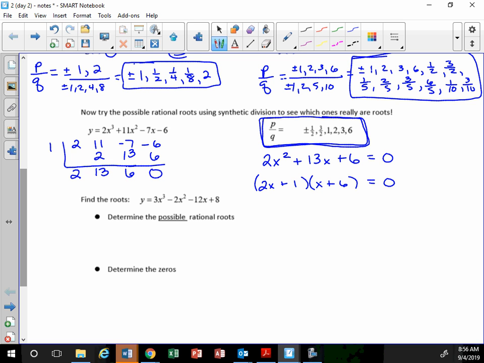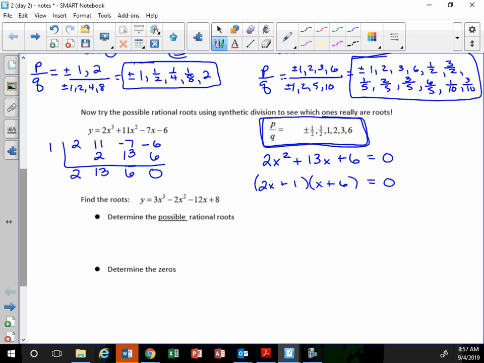When you're ready, when you have it factored. Okay, so once I'm here, I need to actually solve and find all the roots.